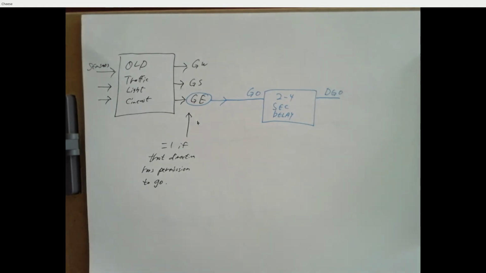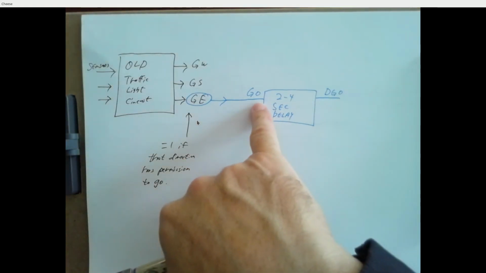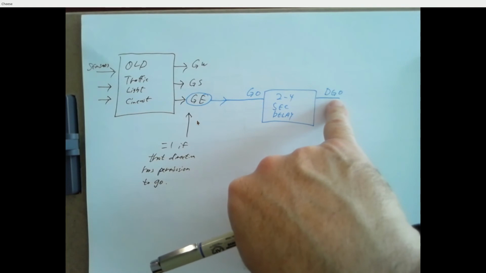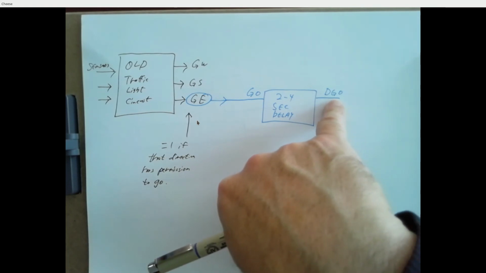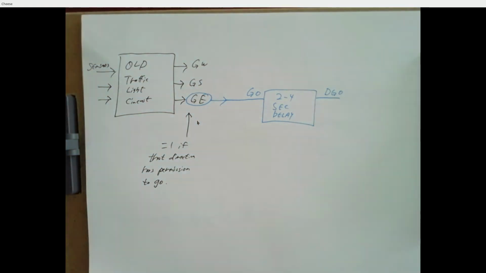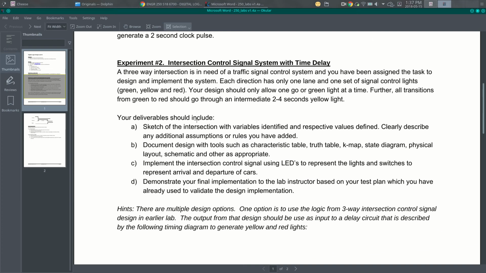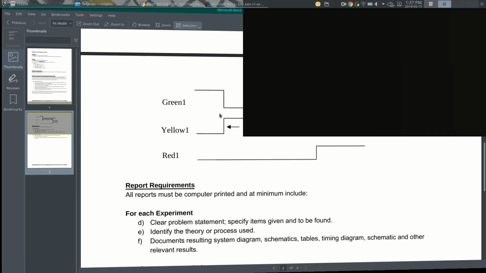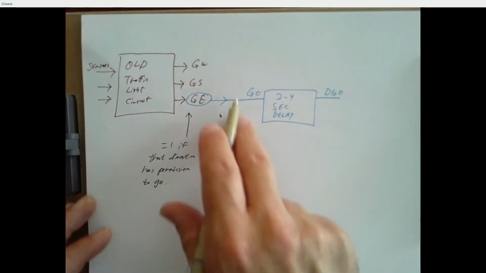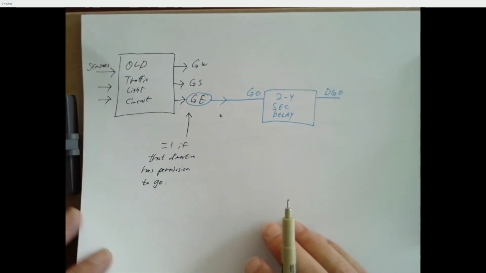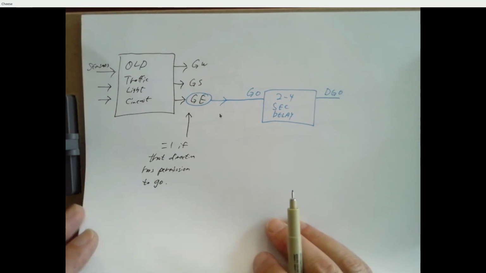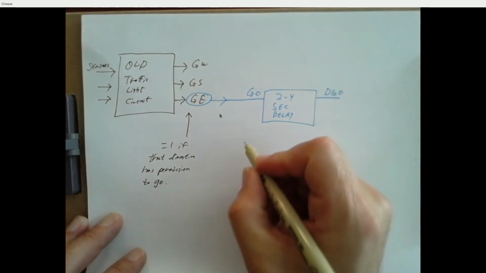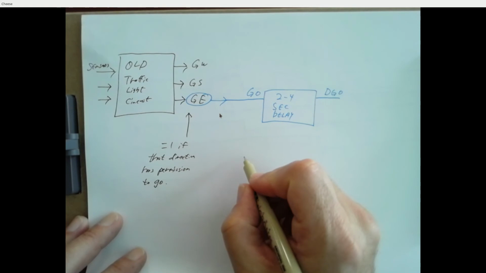We want to look at how the values of go and delayed go compare to each other and what that means. So this is what this diagram is alluding to in here, but I prefer to think of it as we're going to do it here. So let's make a truth table.